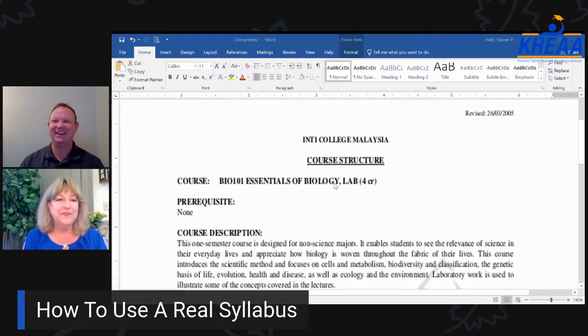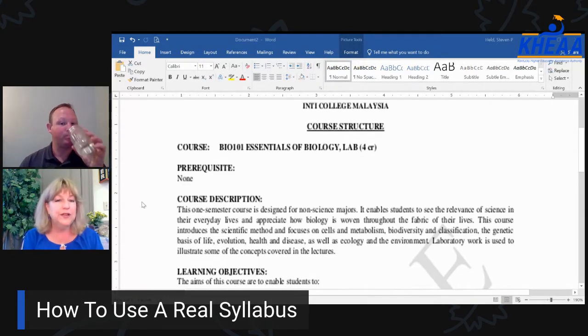Yes. Okay. And what I'd like to show on this, and why the syllabus is so important, depends on what kind of program you're going into. Say you want to go into engineering or maybe a medical field. When you see the title of the course, below that, it may show if there's a prerequisite.